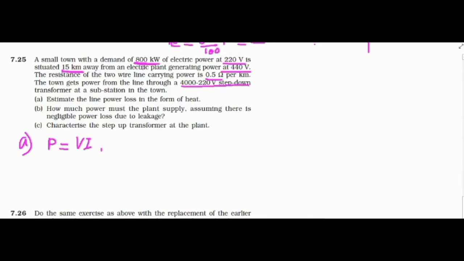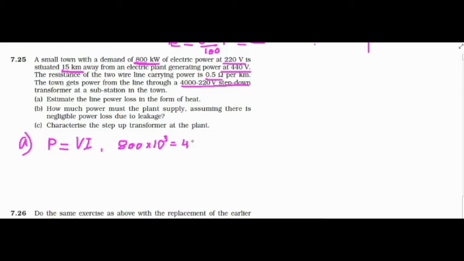And how much is the power? The town requires 800 kilowatt, which means 800 into 10 power 3 is equal to, and the power reaches the town with a step down transformer 4000-220, so 4000 input.